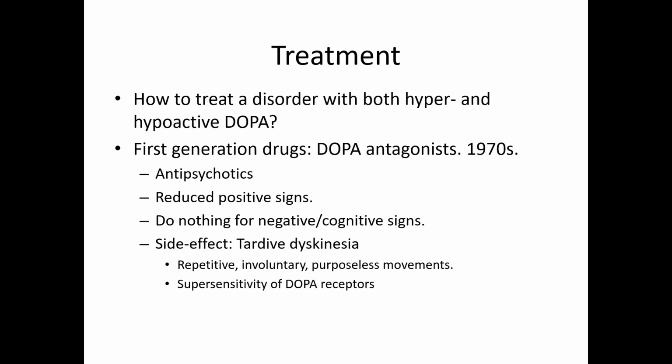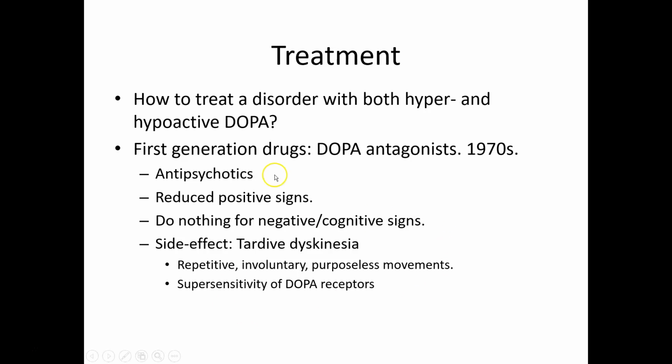How do we treat this? How do you actually treat a disorder that has hyperactive dopamine in the limbic system and hypoactive dopamine in the frontal lobe? So the first generation drugs were dopamine antagonists in the 1970s.